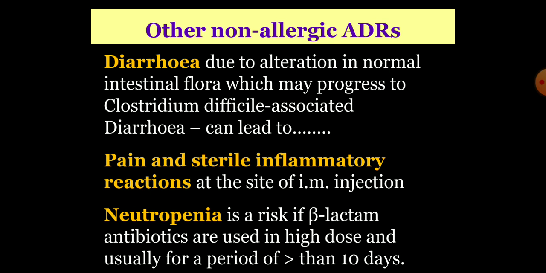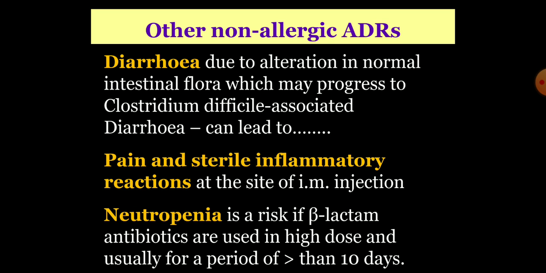Pain and sterile inflammatory reaction at the site of intramuscular injection is quite uncommon, but if you see these kind of things, you should predict it as a penicillin induced reaction.